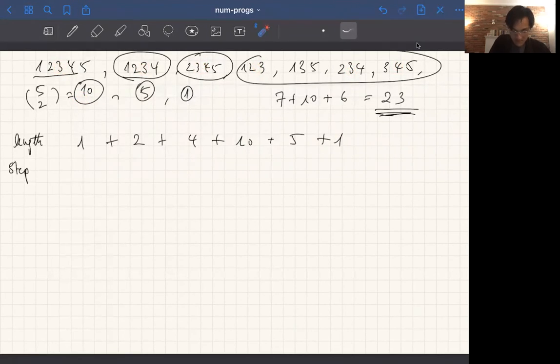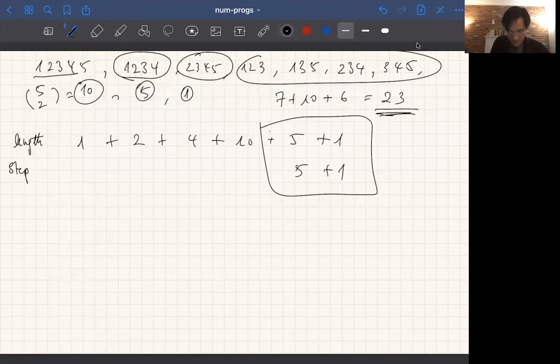So if we counted by step, there's 5 plus 1, because a progression of length 0 has no step. Progressions of length 1 have no step, so we kind of just take that out. And then there's 17 left, and we break them up. But the problem is, I think 16 of them have step 1, and only one of them has step 2. So it becomes sort of 2 plus 16.